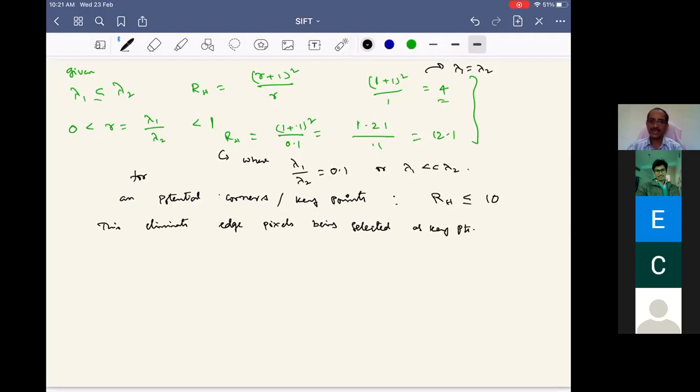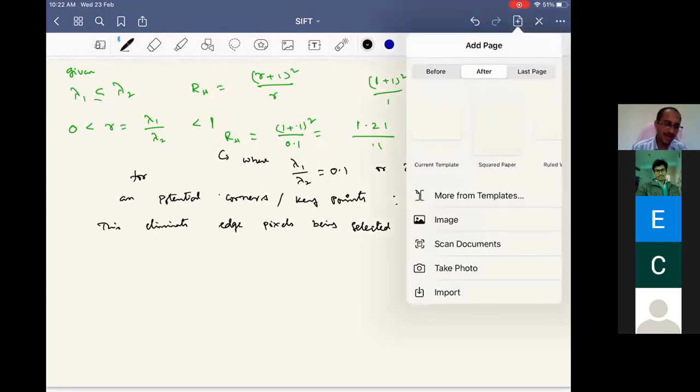Then we eliminated even the edge points, or the points that tend to be edge points, that means you cannot distinguish them very well in all directions, or the variance in all directions is not high, probably in some directions it is much higher than in the other directions. Such outliers or non-potential key points are eliminated.